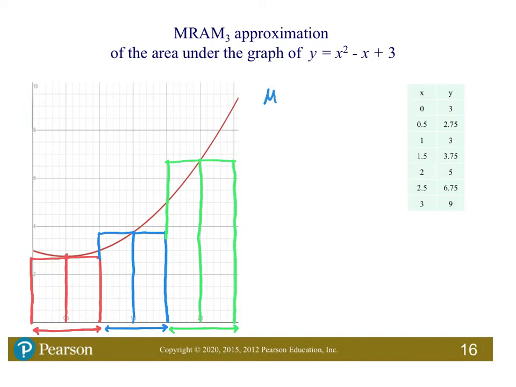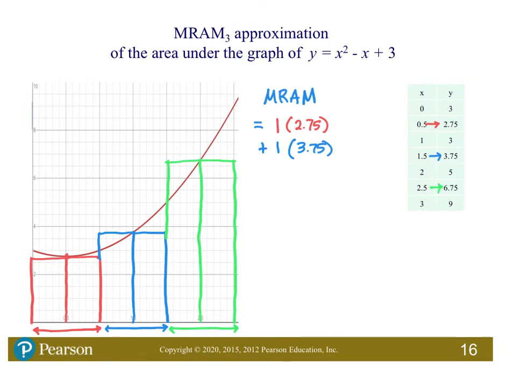So an MRAM would be the base, so the first base, let's do the red one. The base is 1, but the height is 2.75. That's the middle height of that. And then let's do the blue one. So plus, the base of that is 1, and the height of that is 3.75. Remember here I'm finding the heights at 0.5 and 1.5 and then 2.5.